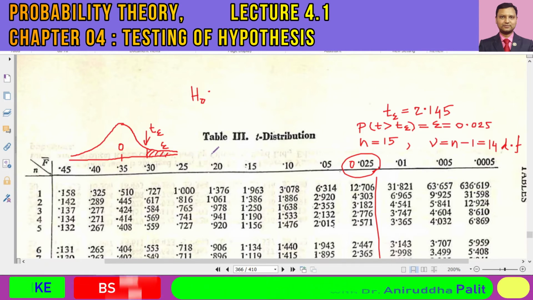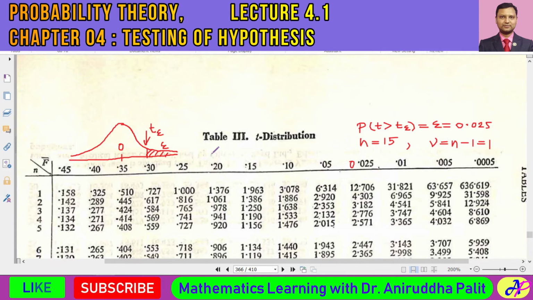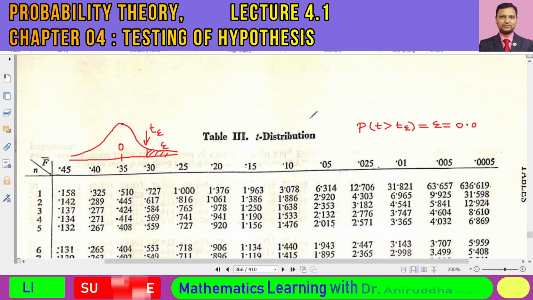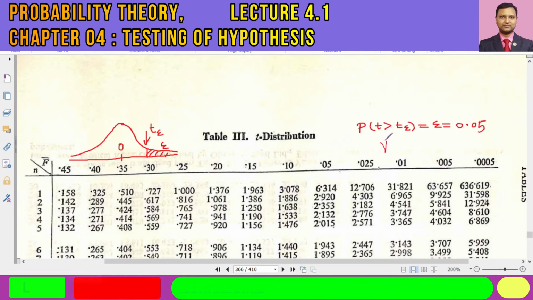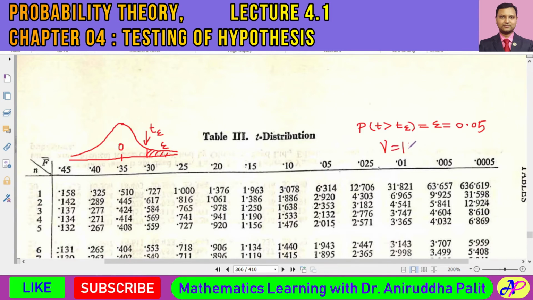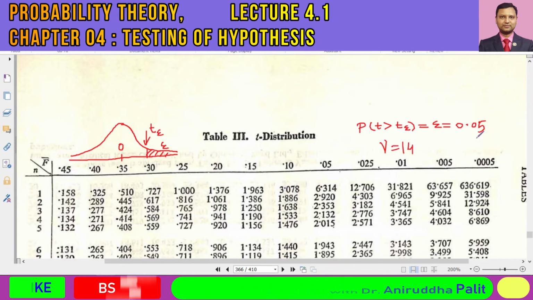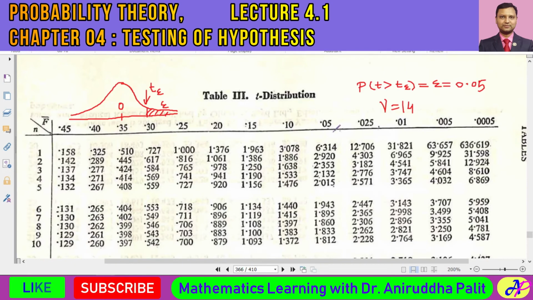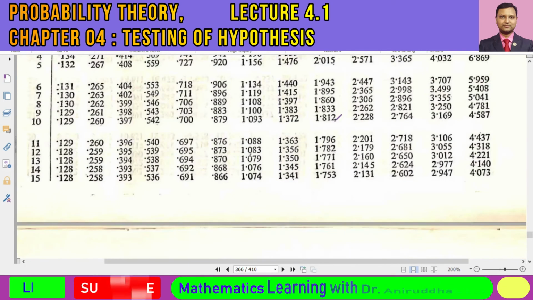So now over here you see, if this value is equal to 0.05, and we are given that nu is equal to 14, then you shall have to consider this column 0.05 and this row 14.